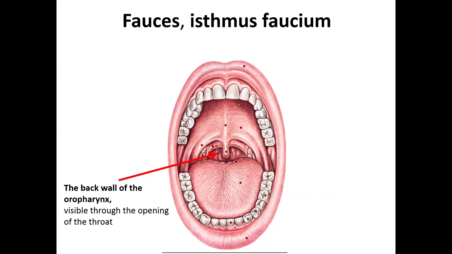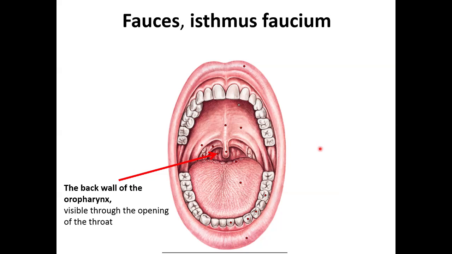So this opening, named as fauces or isthmus faucium, they are synonyms, fauces or isthmus faucium. And through this opening we can see the back wall of pharynx, the oropharynx. Here it is, the back wall.